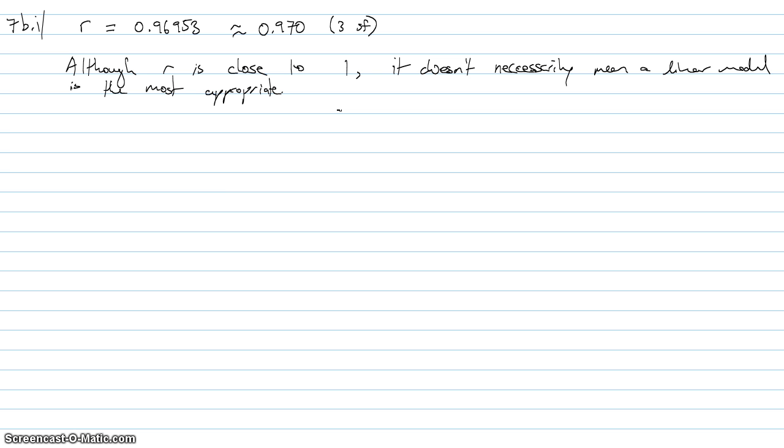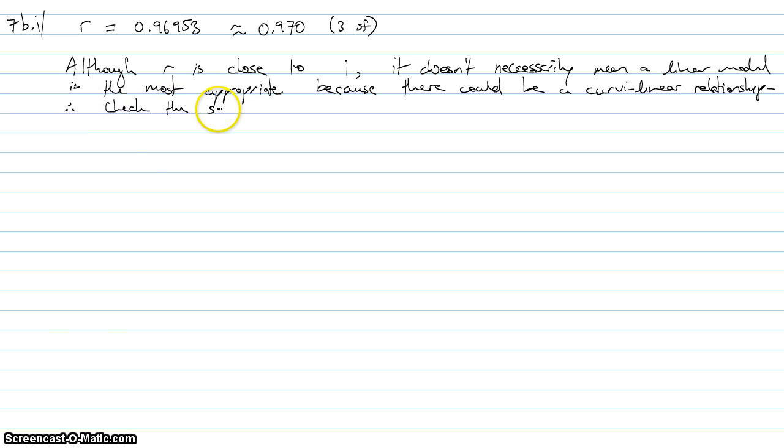Because there could be a curvilinear relationship between the points. So we should always check the scatter diagram first. Okay, so that explains it.